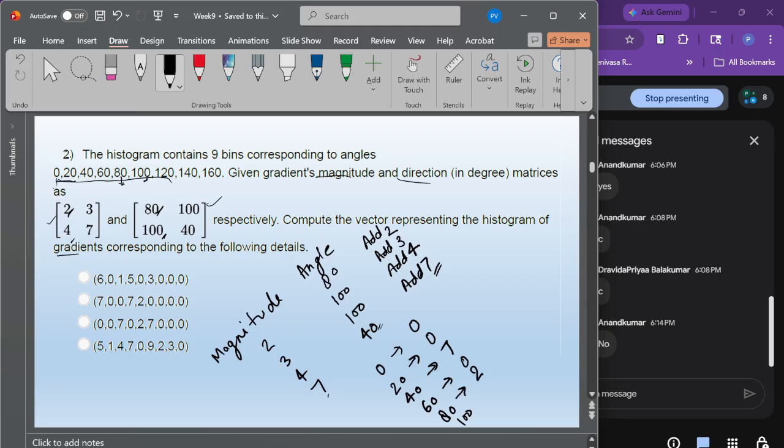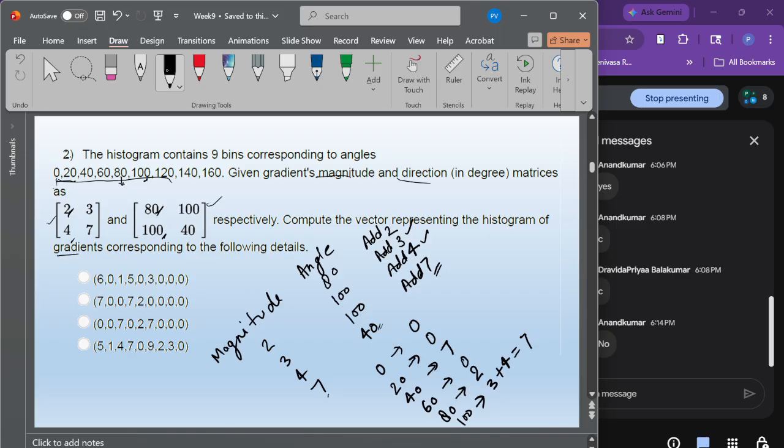Next is 100, where two magnitudes are given. First we add 3, then again we add 4. So 3 plus 4, total 7, we add at angle 100.